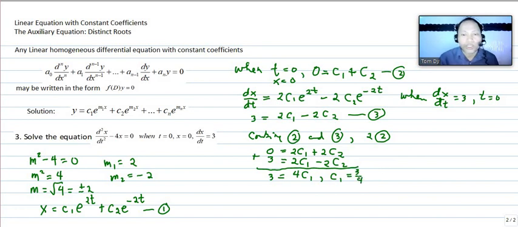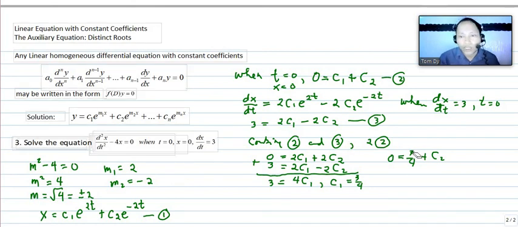Now, once we find the value of c sub 1, we can make use of any of these equations to substitute the value of c sub 1. So if c sub 1 is 3 over 4, then from equation 2, we have 0 equals 3 over 4 plus c sub 2.